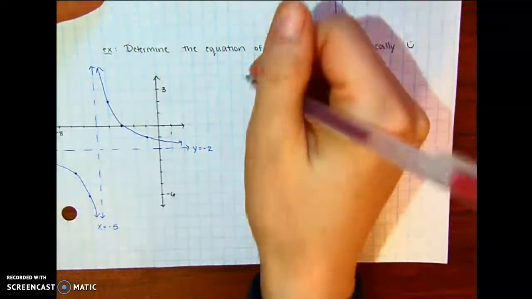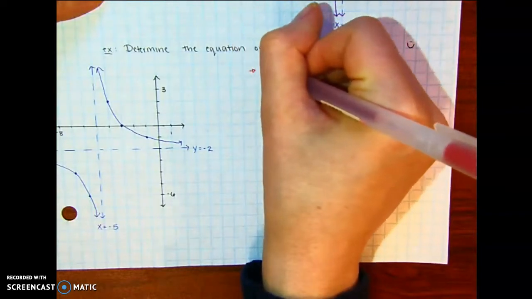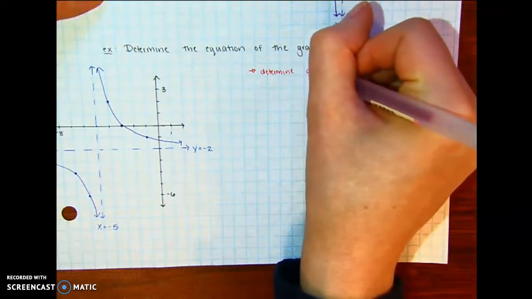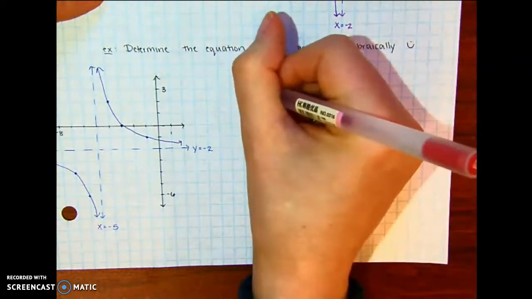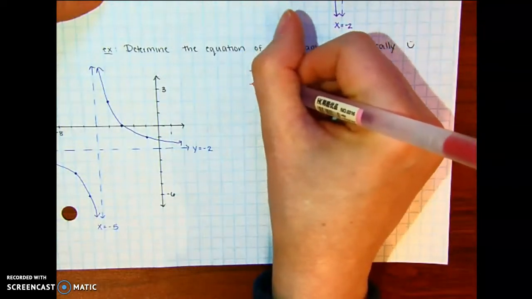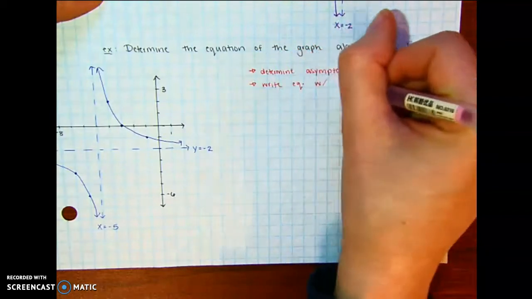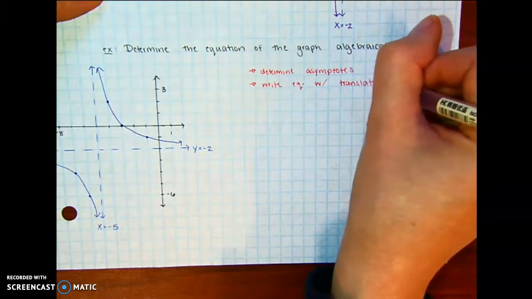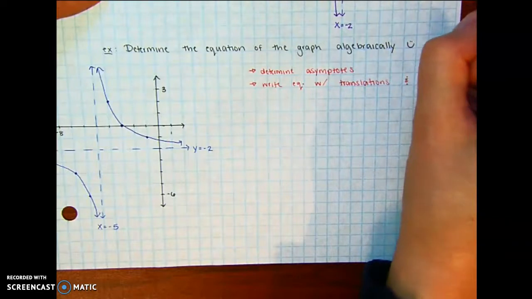Okay, so you need to first determine the asymptotes. But I labeled them, so that's easy. And then you want to write your equation with your transformations or translations, and a as a placeholder.